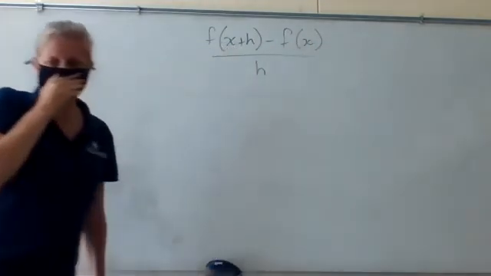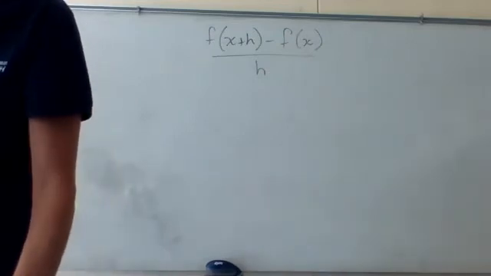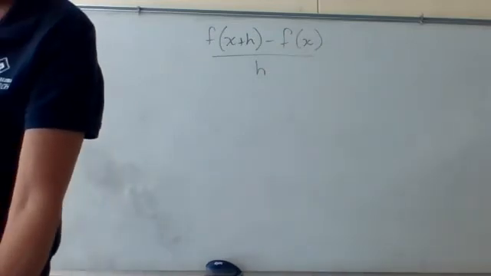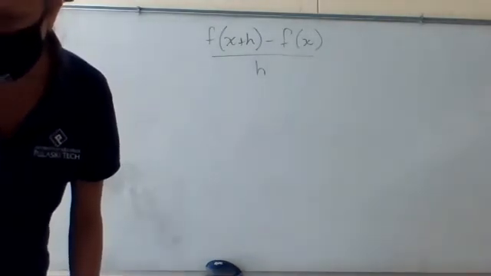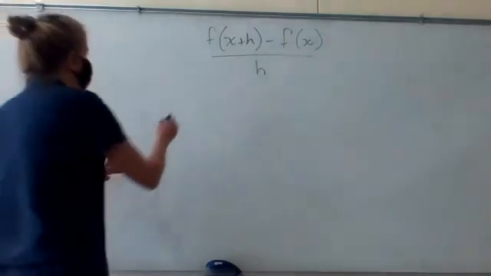So here's my difference quotient. f of x plus h minus f of x all over h. And it wants me to know, for the function f of x equals -8x plus 5, find the difference quotient.